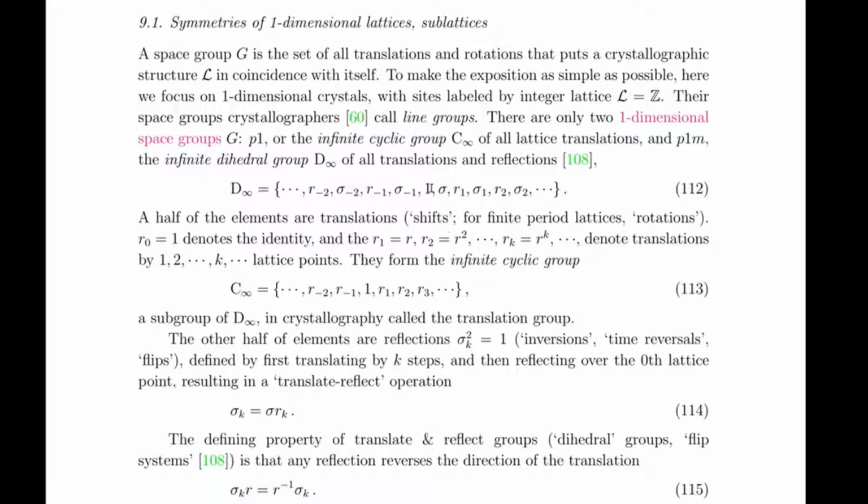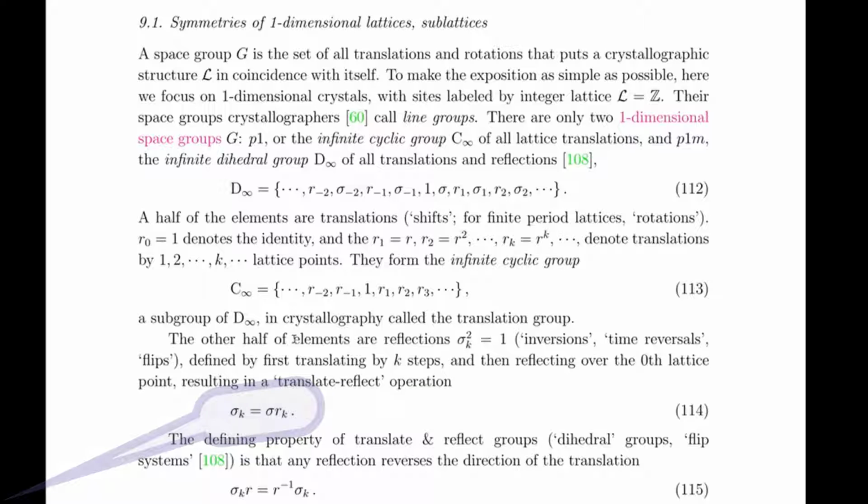So the dihedral group has all the rotations in it, but then it has the reflection elements, the same number of them, and they have the property that you move k steps, equation 114, you move k steps forward, and then you flip. That means you flip not right at the origin, but at some k sites away.